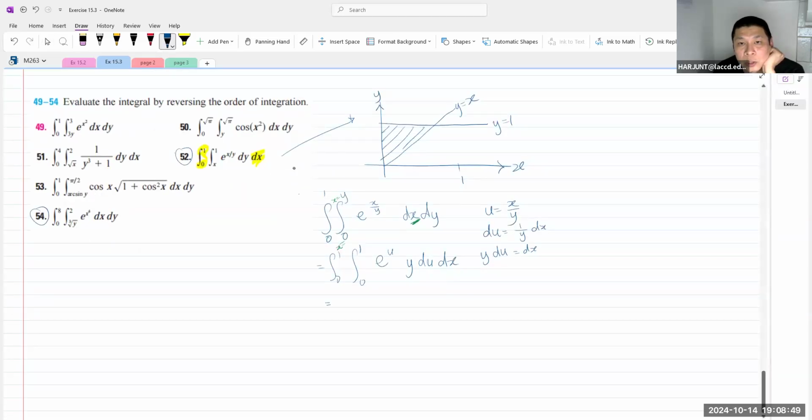Oh, you know what? That's the integral from 0 to 1. When you integrate with respect to u, that's e to the u from 0 to 1, dy. That's the integral from 0 to 1 of y times (e to the 1 minus e to the 0).